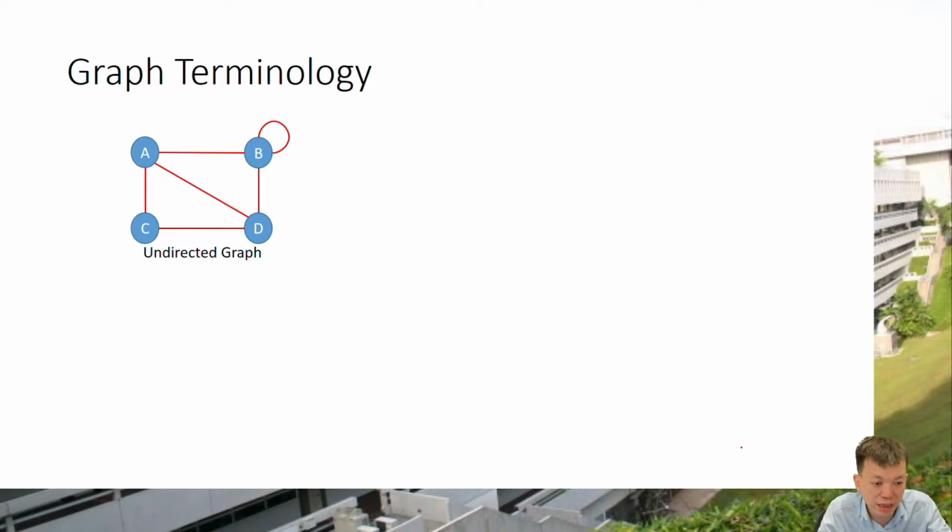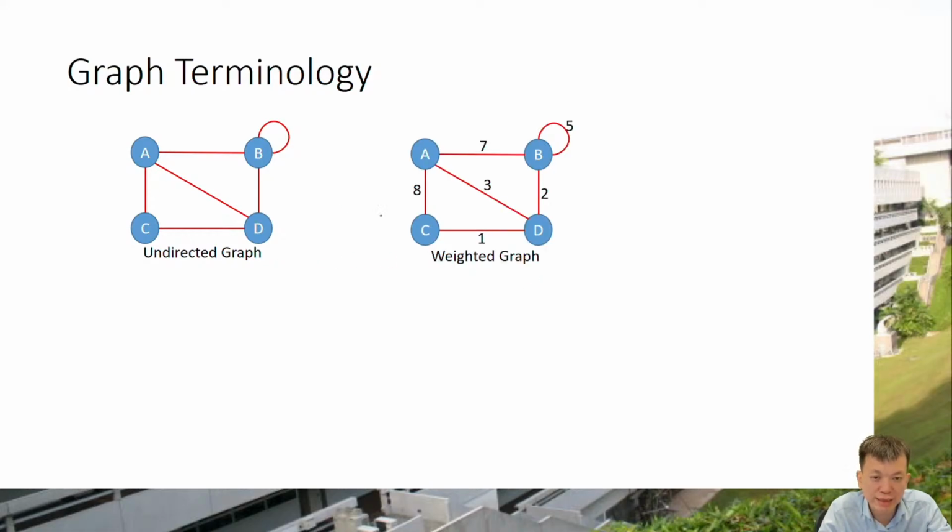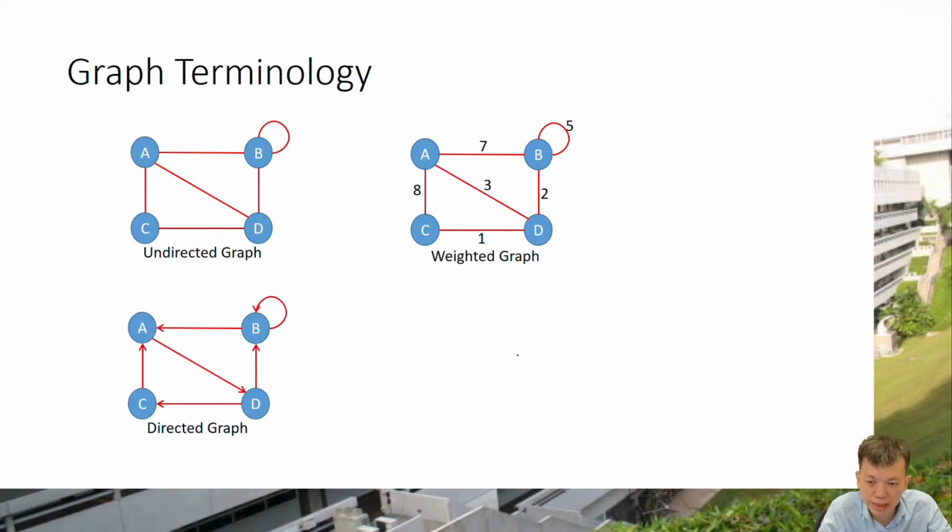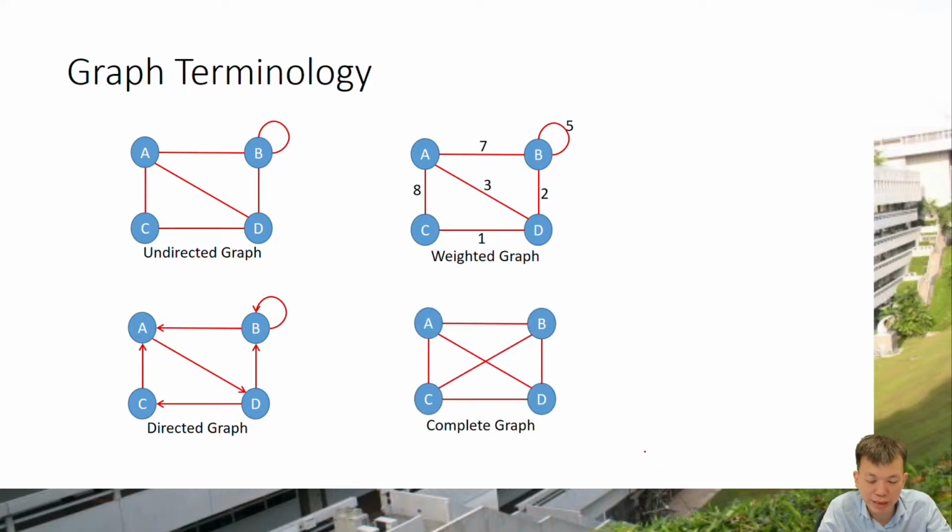So for graphs, there are a lot of types of graph. The ones just now, all the graphs I showed you, are undirected. It's also possible that we can add some weight on the edge, each edge having some weightage. You also can have a directed graph. You also can combine both weighted and directed.